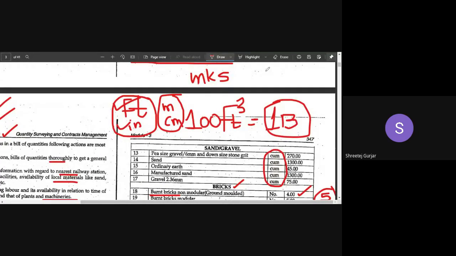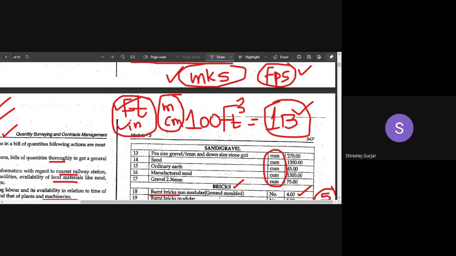But in the field, they use FPS units. That is the problem with civil engineers. You need to know all these local things, brass and cubic feet. This is very important.